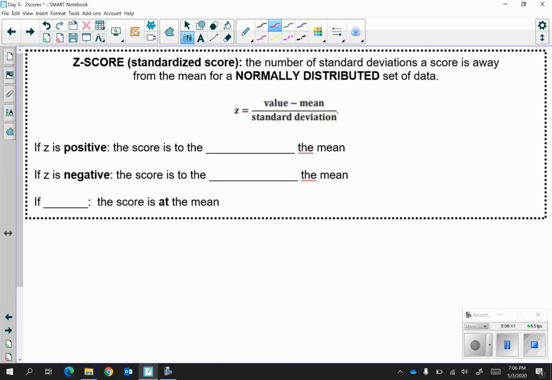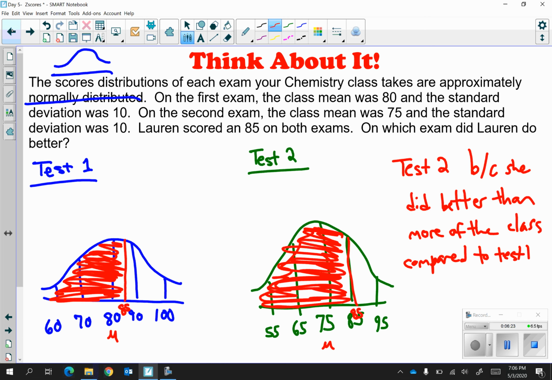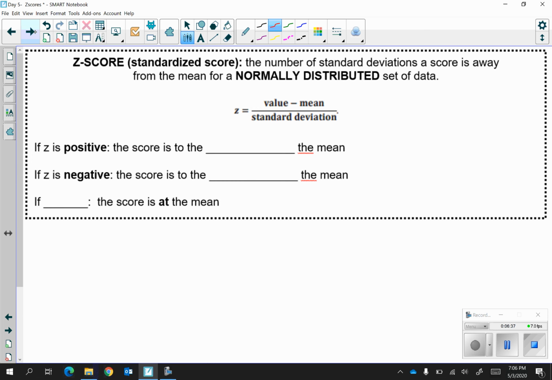Now, before you even get to the formula, let's just talk about what positive and negative z-scores mean. A positive z-score would be to the right of the mean. Go back to the other example. She was above the average, so she's going to have a positive z-score. Same with the other one. So your z-score is positive if you are to the right or above the mean.